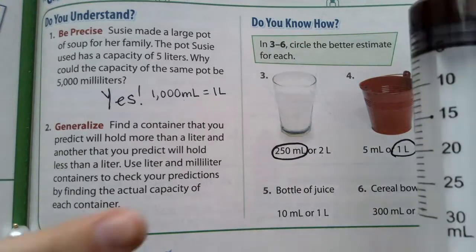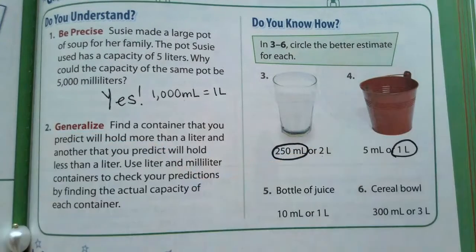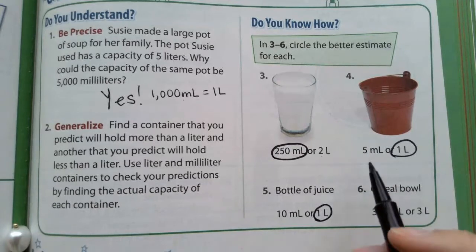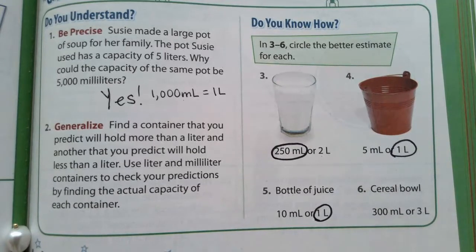Well, I know 10 milliliters is only that much. And I know a bottle of juice is much larger than that, probably about a liter. What about a cereal bowl? Well, 3 liters. Okay, I'm thinking of a Pepsi bottle, a 2 liter of Pepsi. That's much more than a cereal bowl, so that's probably 300 milliliters.